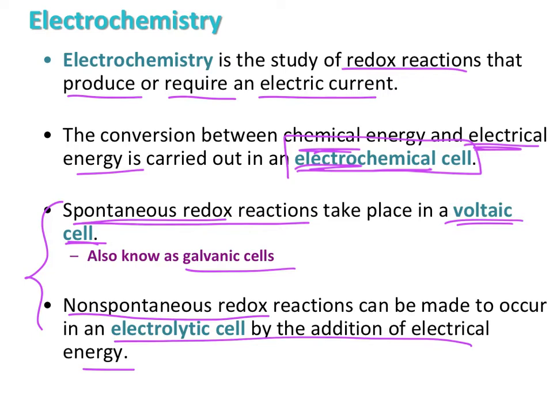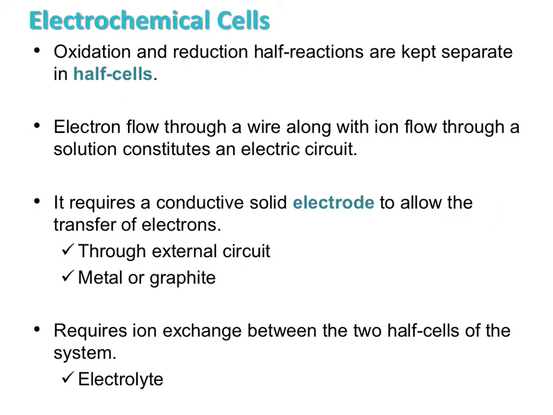In order to just look at these cells in general, regardless of what type of cell it is, these are electrochemical cells, and we have to keep our oxidation and reduction half reactions separate. We call these separate cells half cells. Remember we talked about half reactions, it's the same idea. So we have an oxidation half cell and we have a reduction half cell.